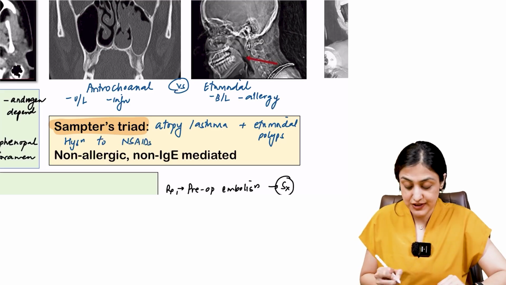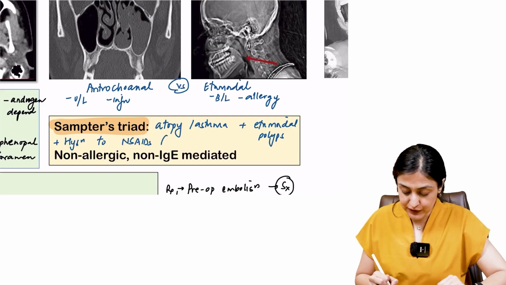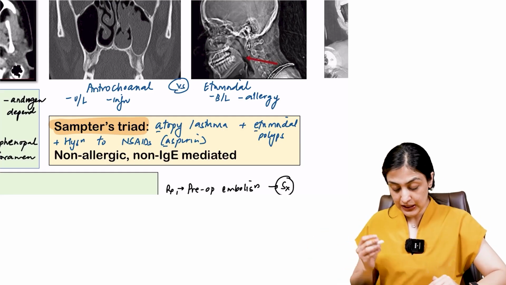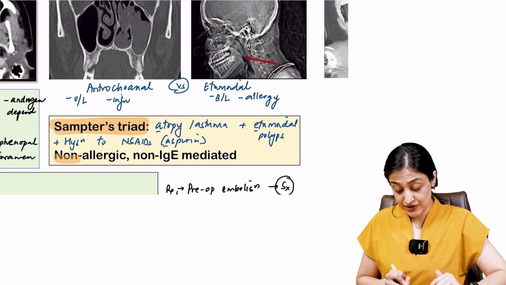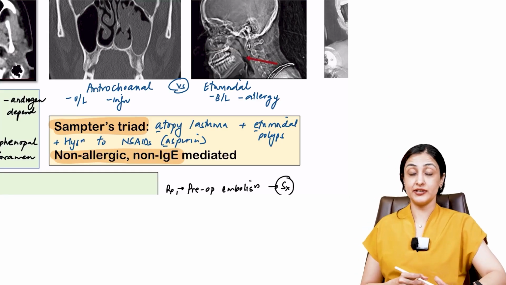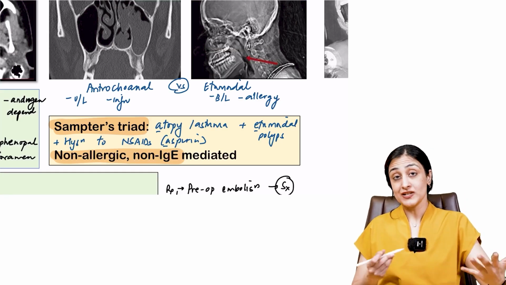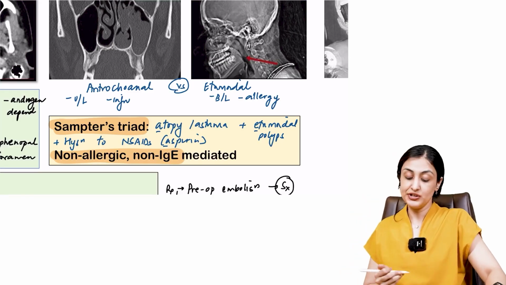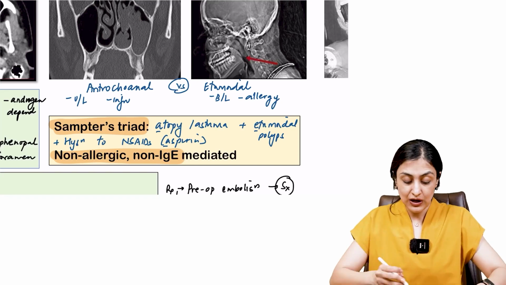So they are hypersensitive to NSAIDs, particularly aspirin. So you can remember A and E vowels stick together. Non-allergic, non-IgE mediated. This is very important, that this is not IgE mediated. Fine. So this is what is linked with atopy, but a non-allergic, non-IgE mediated component. This has been asked. Okay, so how do we treat?